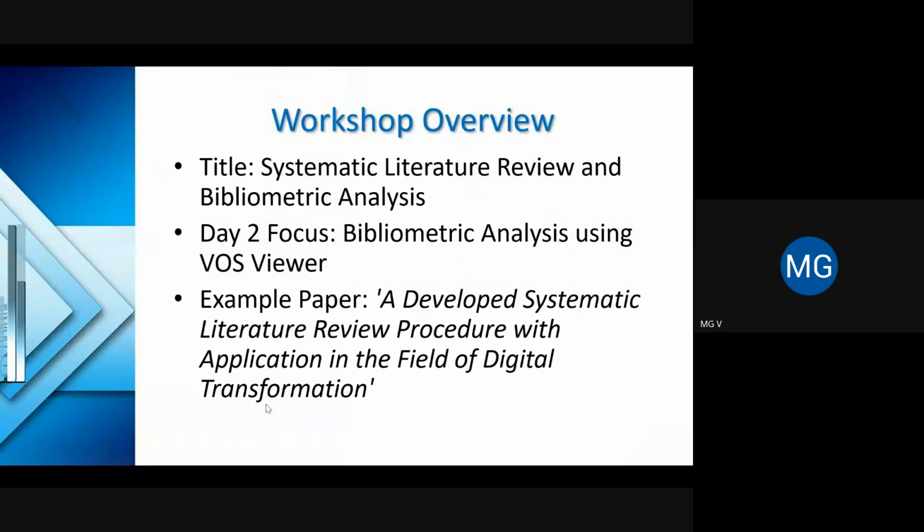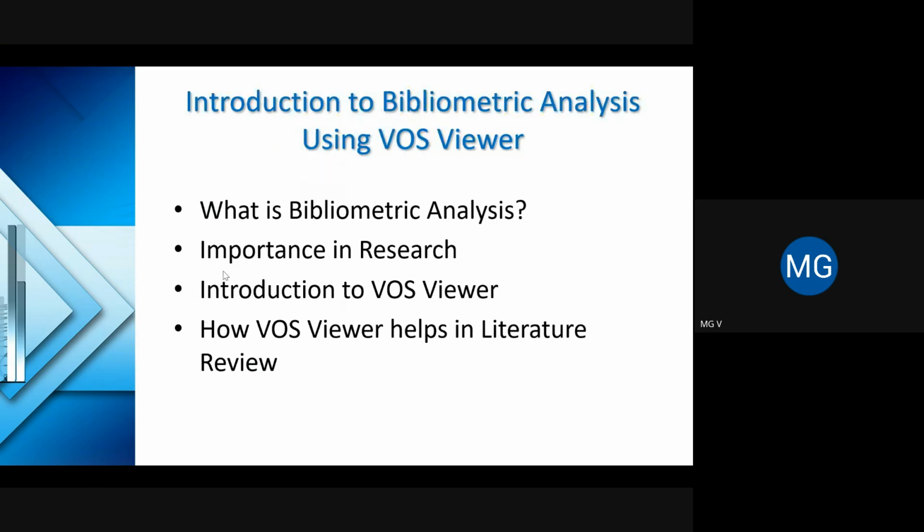Now, for today's discussion, I have taken this paper, a developed systematic literature review procedure with application in the field of digital transformation. Again, it is a Scopus-indexed paper, right? So what we can discuss today is bibliometric analysis.